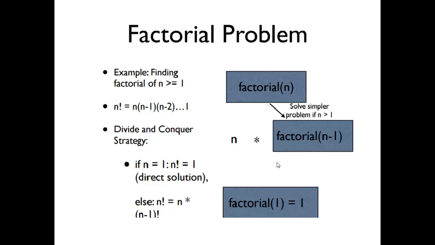So for example, if you take the input as 3, so if n is equal to 3, so 3 factorial is equal to 3 star 2 factorial, that is 3 into 2 into 1, that is 6. So the solution may be the same, but the approach here is different. So we are more concerned about the approach.